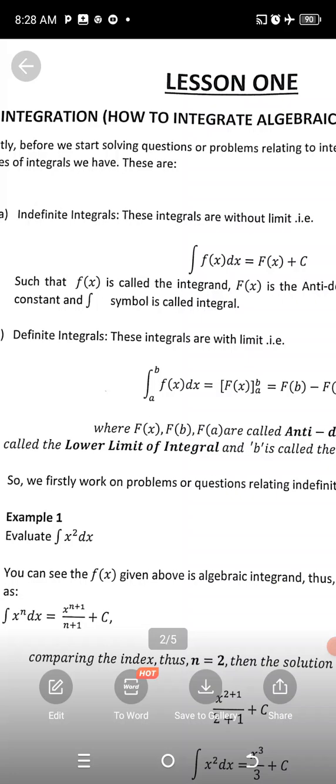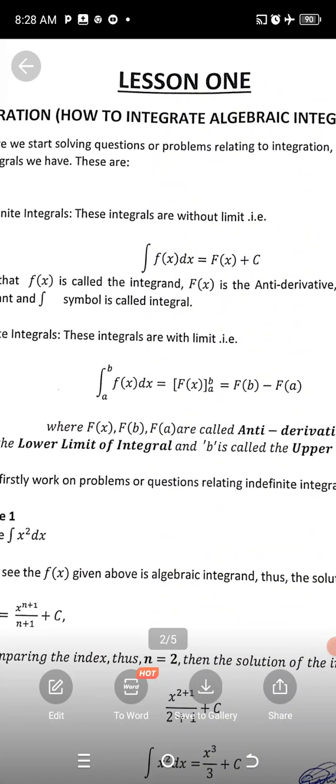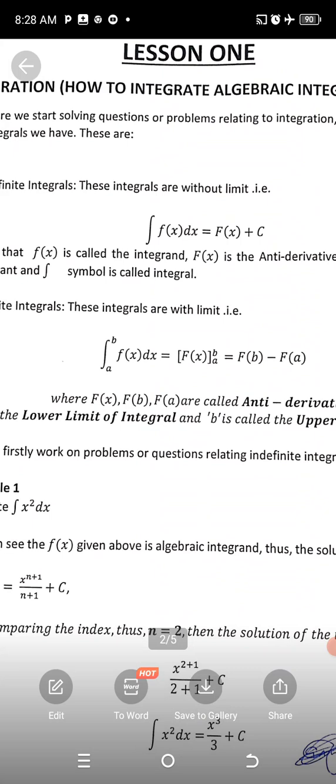The final answer is going to be in the form of the equality, that is the square bracket with the capital function, the antiderivative, bounded by the upper and lower limit, and the final answer is going to be F of b minus F of a.